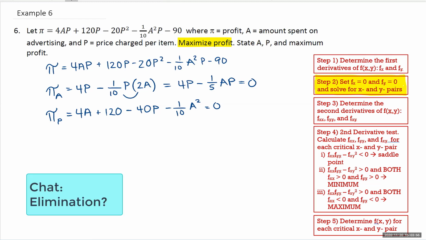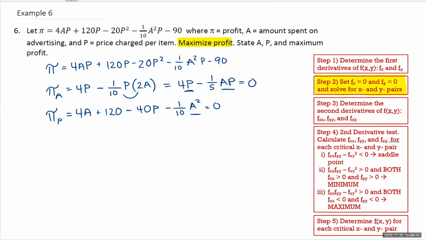So elimination seems tempting because what we can see here is we've got a 4P, but we've got AP combined here. So this is not linear, and our second equation is definitely not linear. So I would go with substitution. Let's go with substitution.